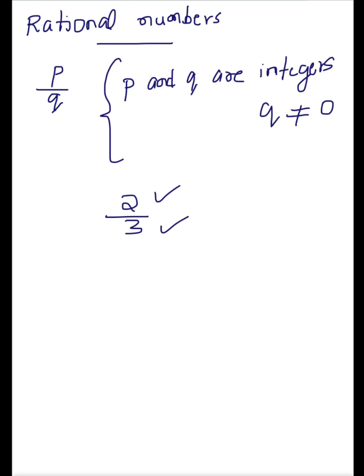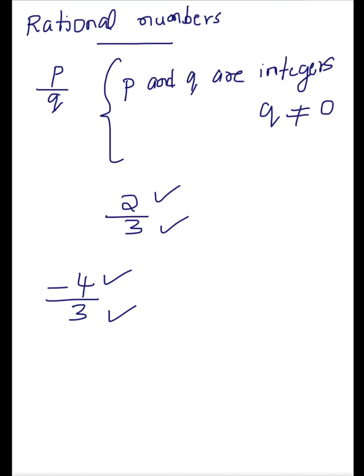Let's take another example: -4 by 3. This is also a rational number. That is, -4 is a negative integer and 3 is a positive integer. It can be positive or negative, that's not a problem. Both should be integers.